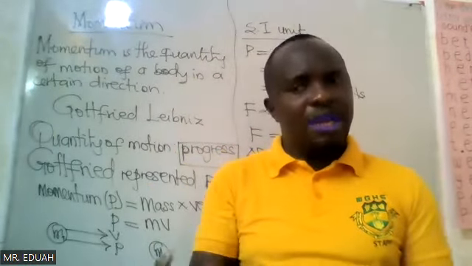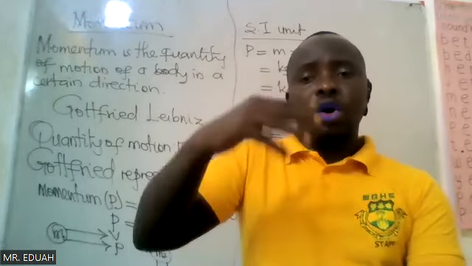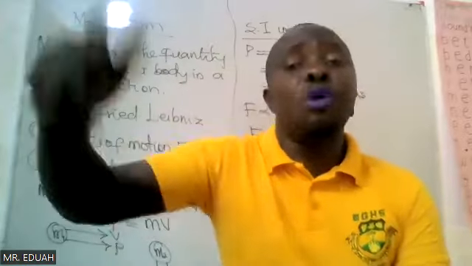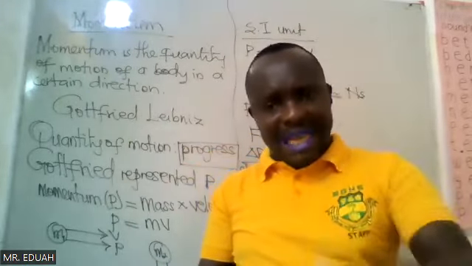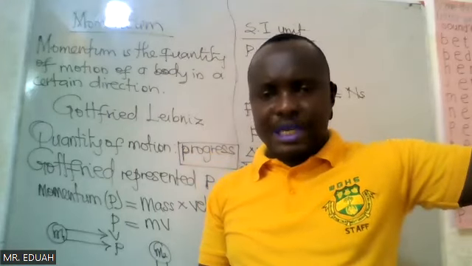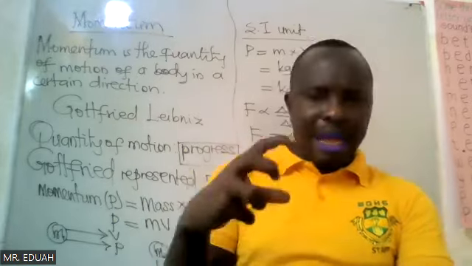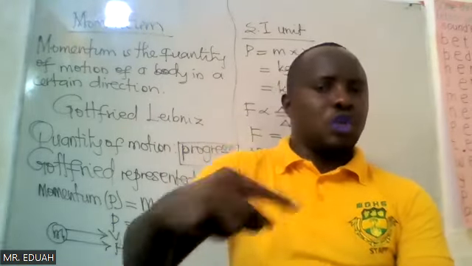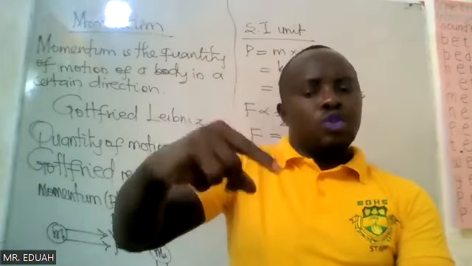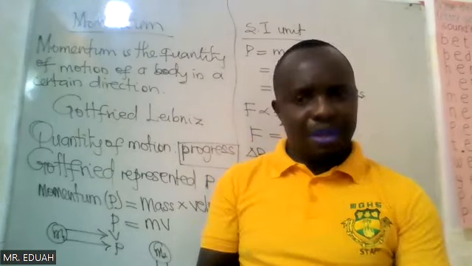The tendency of the ball, in my case, to continue to stay in motion is greater than Chrysler's. So if a body has a greater momentum, the tendency of the body to continue to stay in motion is higher.